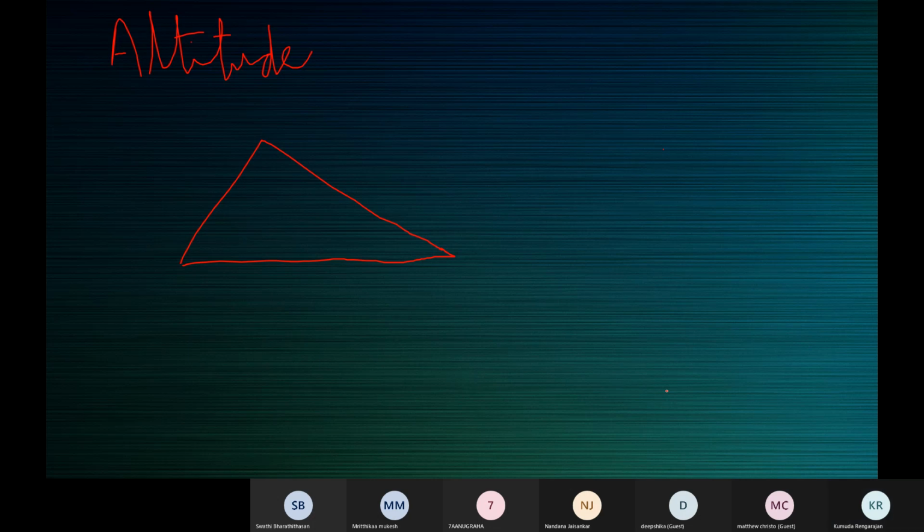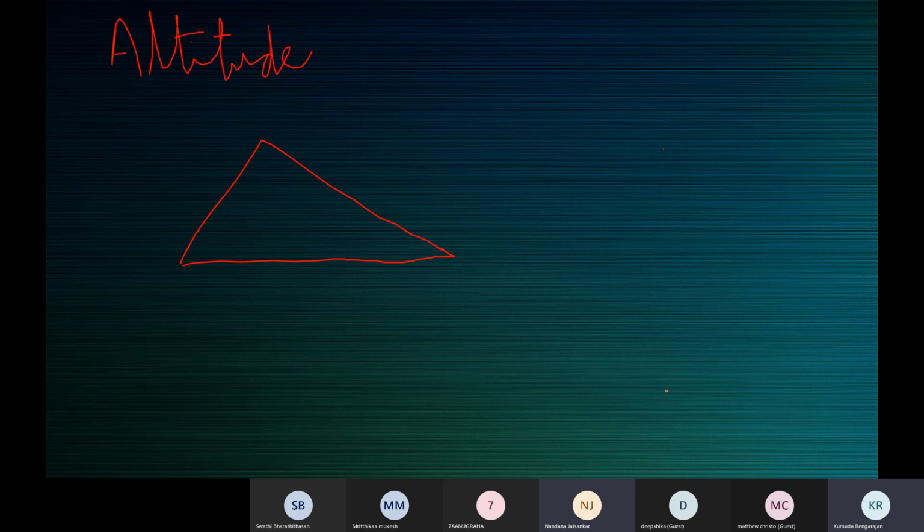Correct? Can all three angles be 90 degrees? No, ma'am, that will not be possible, because when we sum up two of these angles itself, it will be 180. If we include the third angle, it will be more than 180 degrees.